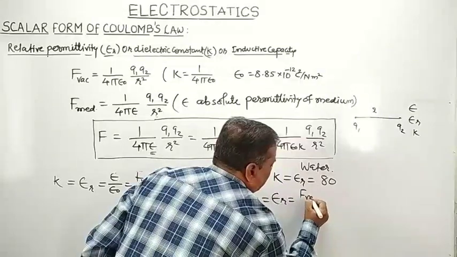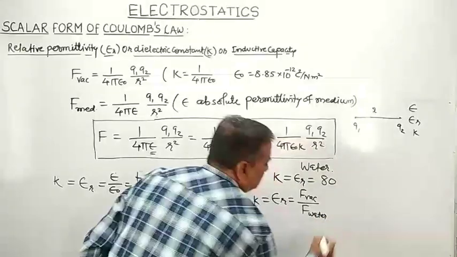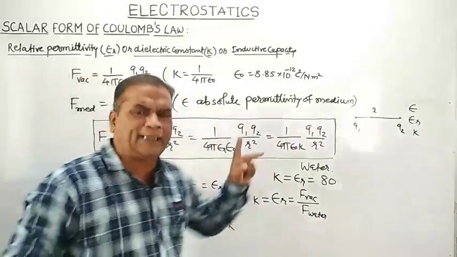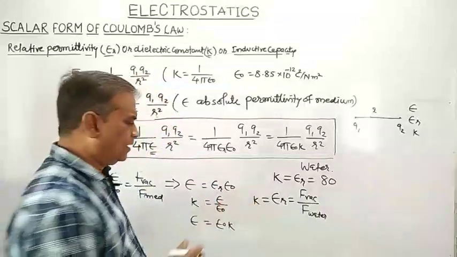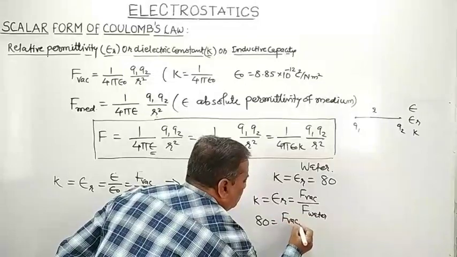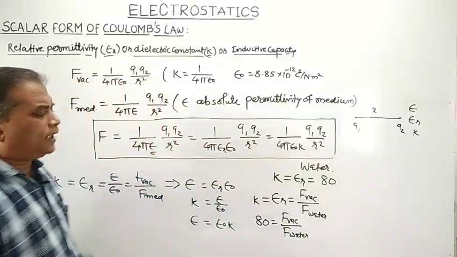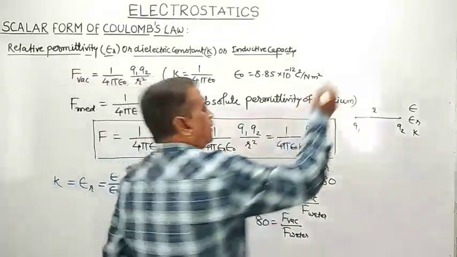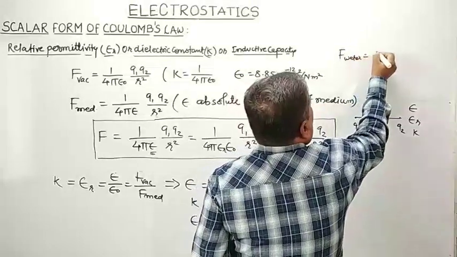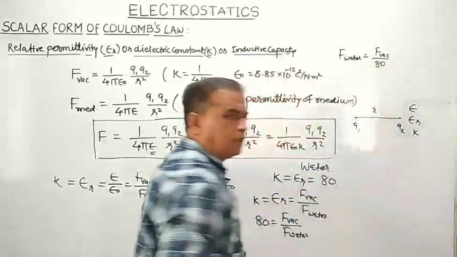So here, F vacuum upon F, what is that medium? Water. As the relative permittivity or dielectric constant of water is 80, so 80 equals F vacuum upon F water. Now from this, F water is equal to F vacuum upon 80.